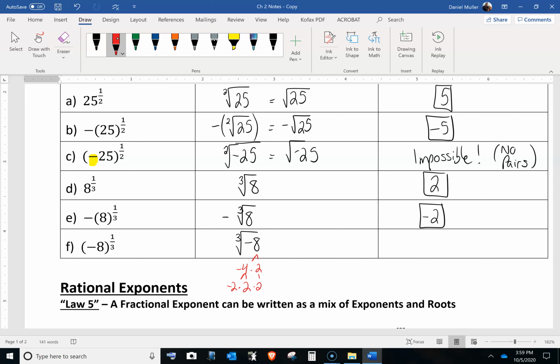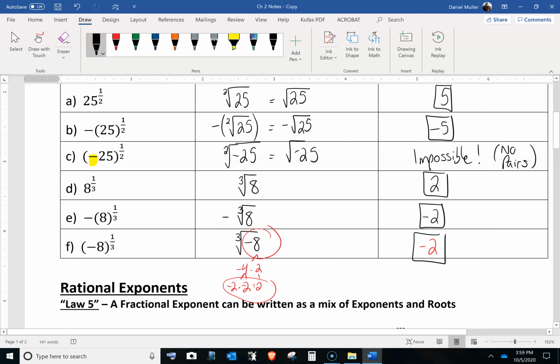However, if I make them all negative, now I have 3 negatives, and a negative times a negative times a negative, there's 3 of them, is still negative 8. So I am good. Negative 2 times negative 2 times negative 2 does equal negative 8. So I've made this tree, and this tree does get you negative 8. And do I have triples? Yes, I do. So my answer is negative 2.